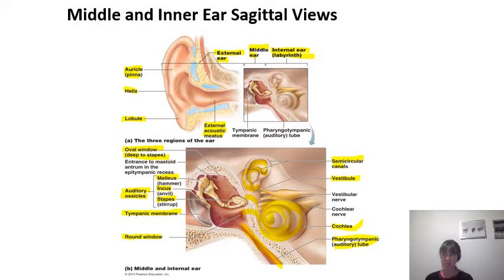in altitude, what happens is the air pressure decreases as we go higher in altitude, and if air pressure decreases on the outside of the tympanic membrane, then we have to equalize pressure by decreasing pressure in the pharyngotympanic or auditory tube so that the pressure on both sides of the tympanic membrane is equal.